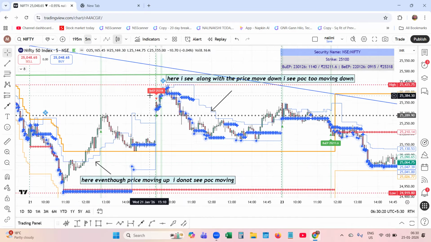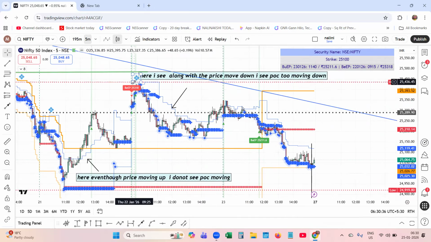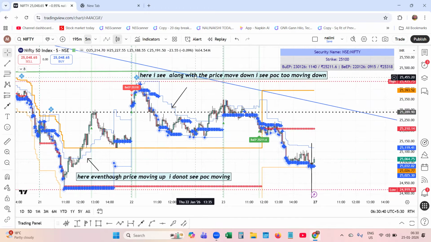The intention of the big player was to push the prices higher to sell at this level, because their pending orders will be there. They have not completed their selling orders. Pending selling orders were there, so they will push the price to the selling orders.